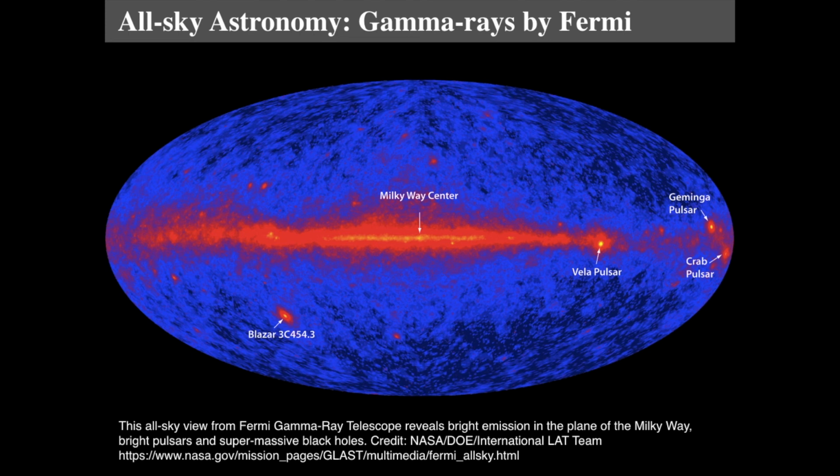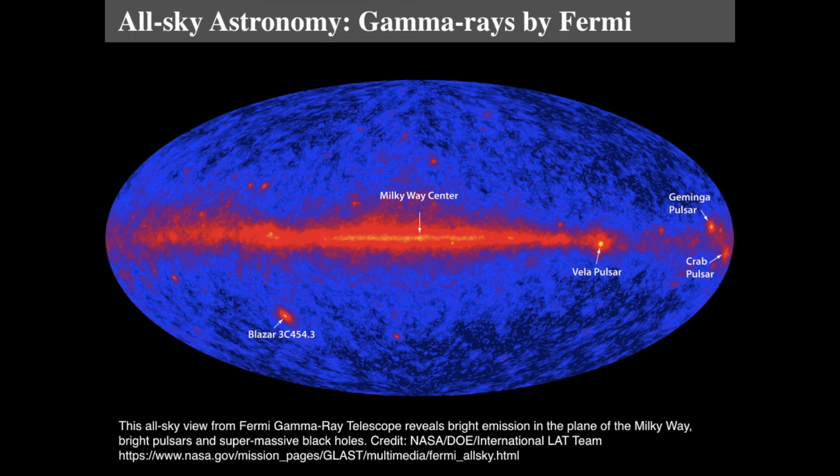One of the brightest sources in the gamma ray view of the sky is something that's billions of light years away. We're looking straight down the axis of a supermassive black hole that's spinning with material falling into it, emitting gamma rays, and we're seeing it billions of light years away.